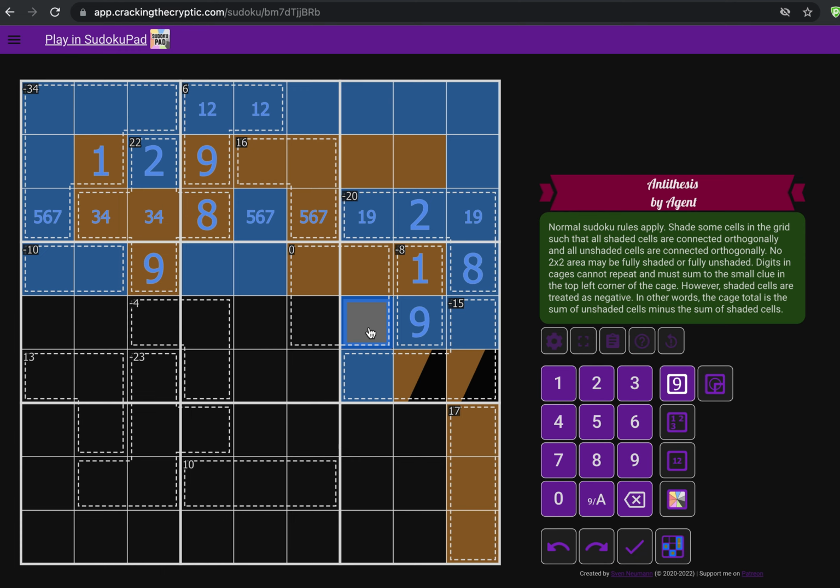So can this be hot? That 1 means 2, 3, 4 is the lowest that we can have, and 2, 3, 4 makes 9. So if those are all hot, then 2, 3, 4 equals 9 is the lowest it can be, and it would need a minus 9 to get back to 0, and it can't because that's there, so we know that's cold.